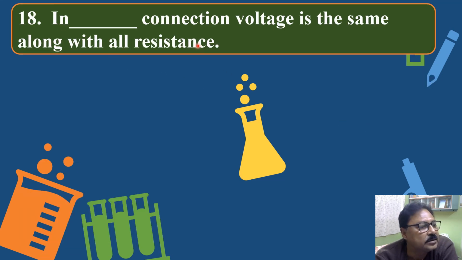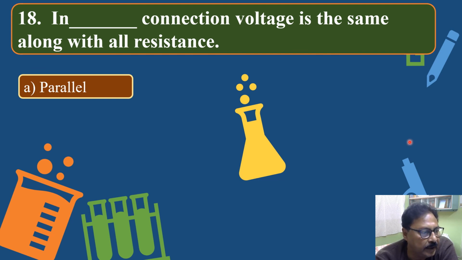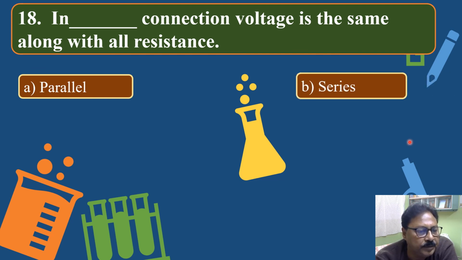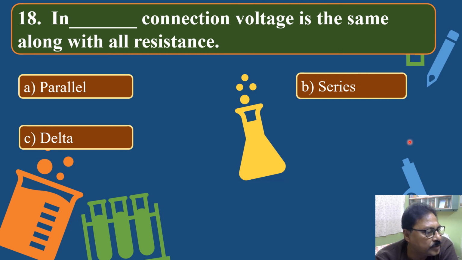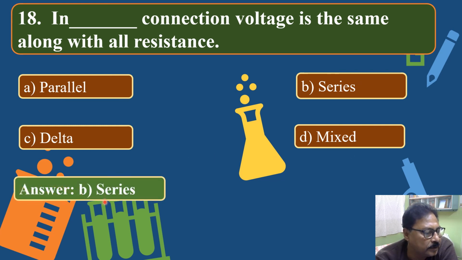In dash connection, voltage is same along with all resistance. Option A, parallel; option B, series; option C, delta; option D, mixed. The correct option is option B, series connection.